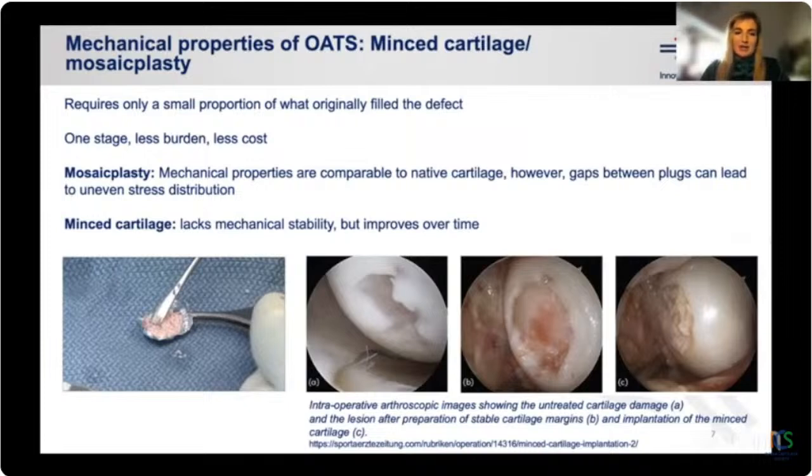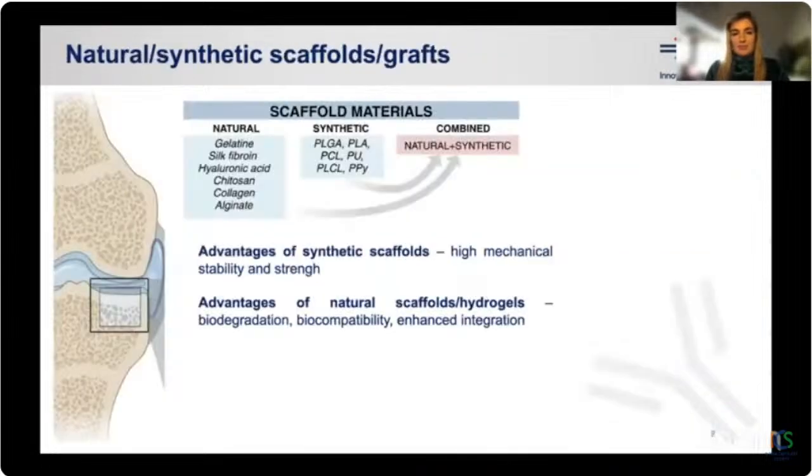While minced cartilage, which is not fully linked to osteochondral defects but still reconstructs the cartilage itself, usually lacks mechanical stability. This is due to the small portions of cartilage that need to improve over time and build up the extracellular matrix around them, and by cells, of course.